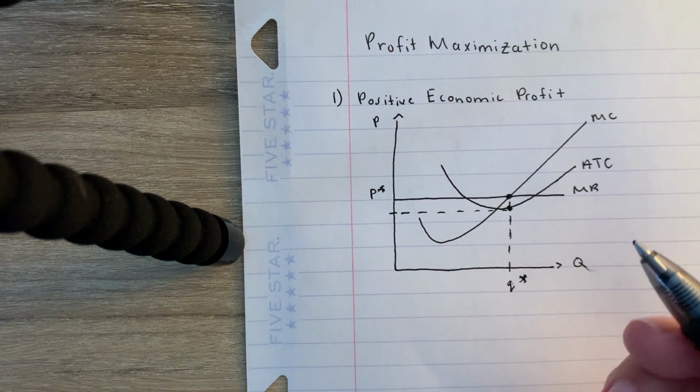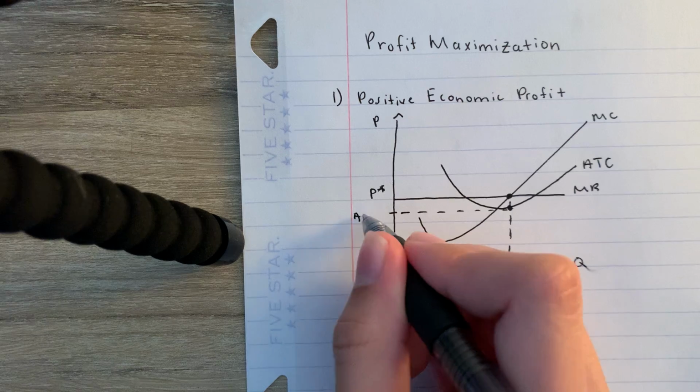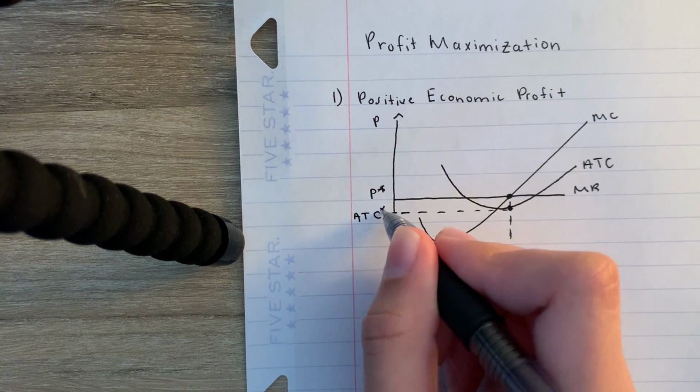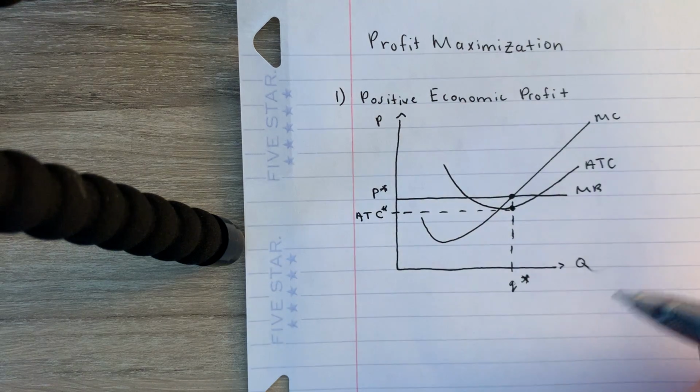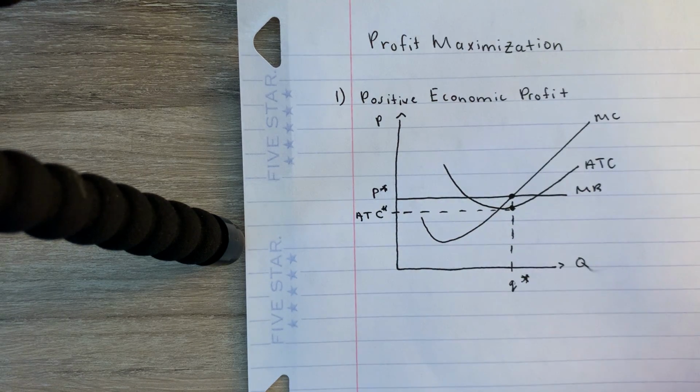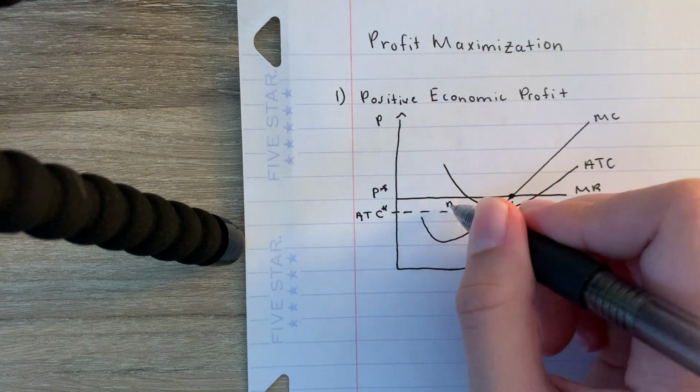So this is going to be our ATC star. And so these usually will have numbers to them, but just for the sake of making it a little bit easier, we can just use letters. So like we can just use A and B.